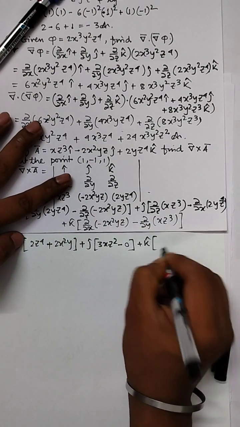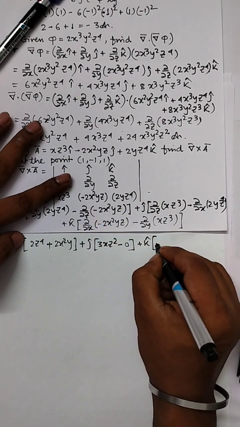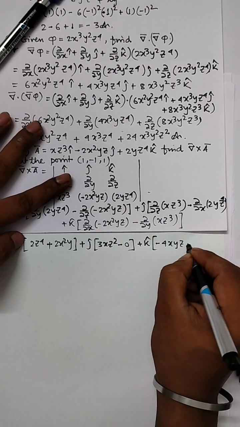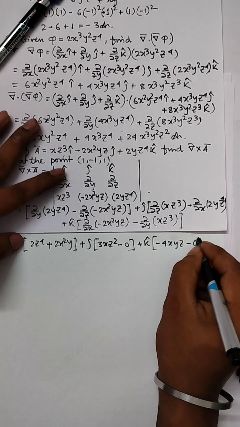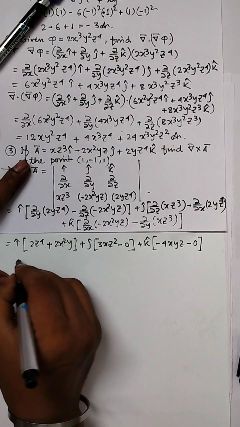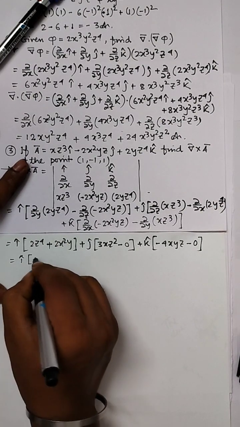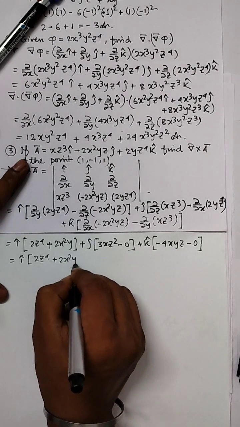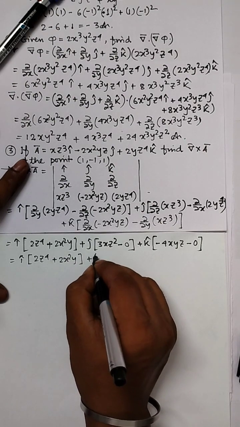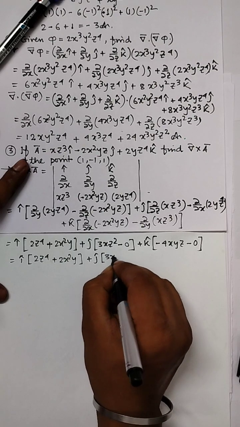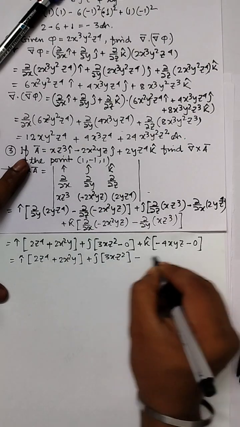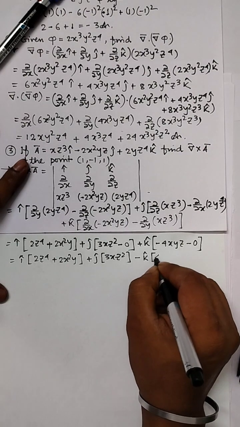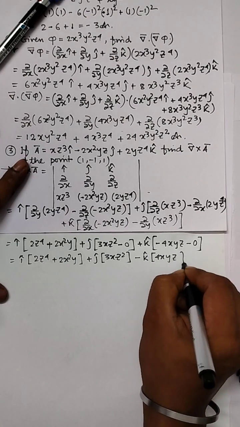Plus k, again with respect to x, minus of 4xyz, minus with respect to y, that is also 0. So ultimately the solution is (2z⁴ + 2x²y)i + 3xz²j − 4xyz k.